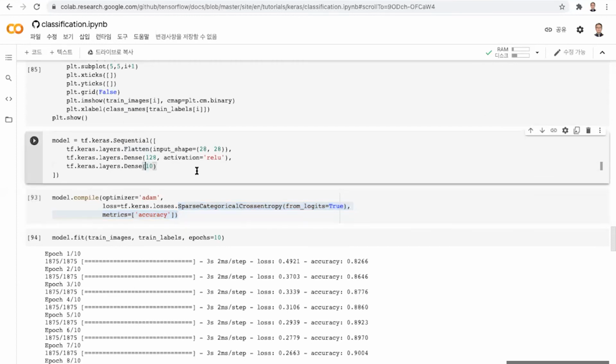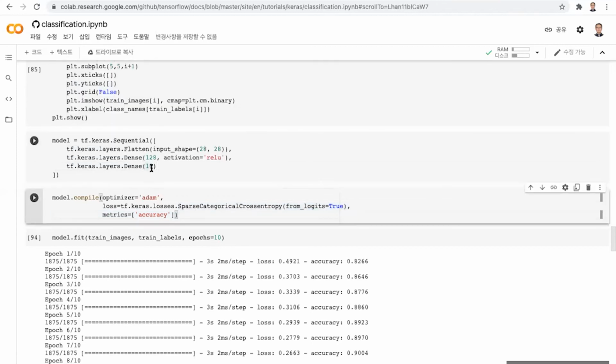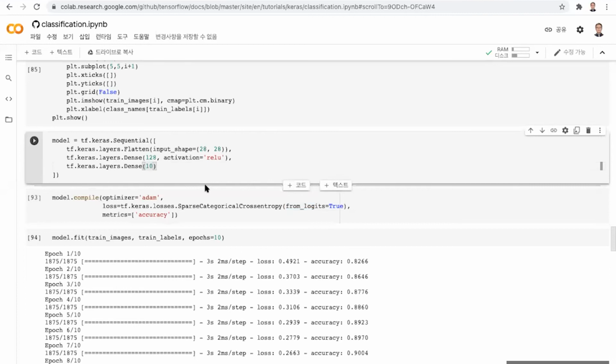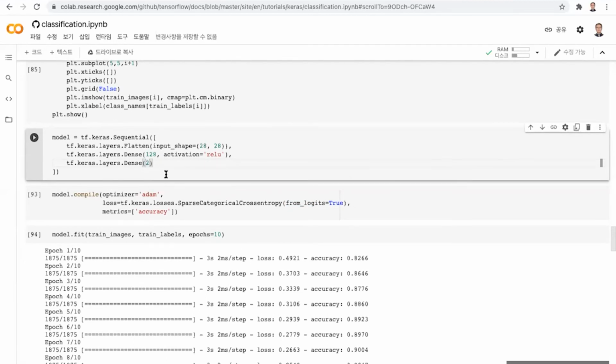Now you can use this idea for the third competition. Maybe I can change it to two classes, because our problem is classification between two classes.